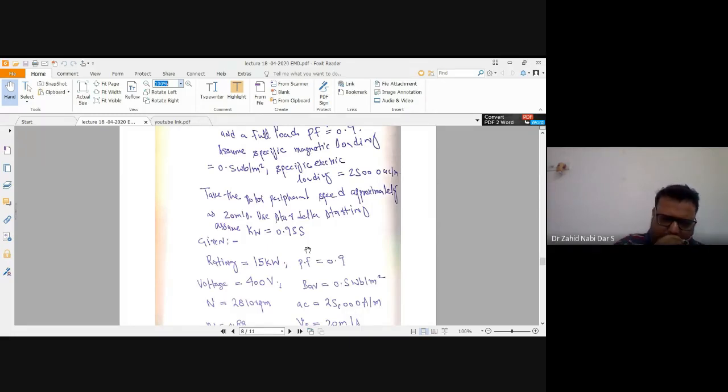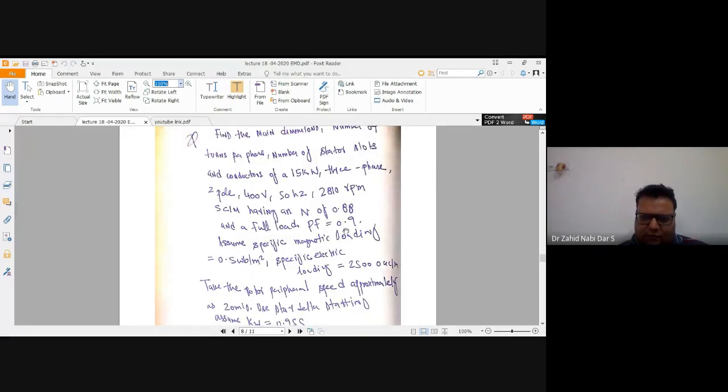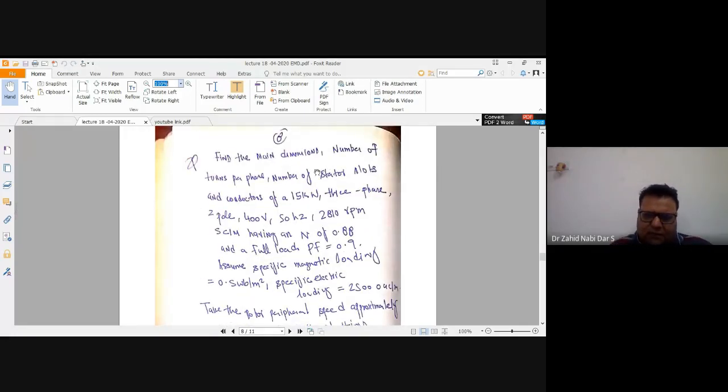If you look at the problem, it is asking for the main dimensions. The main dimensions are the length of the induction machine and your diameter. So it's asking for your D and L value. It's also asking for number of turns per phase, so that means TS also.